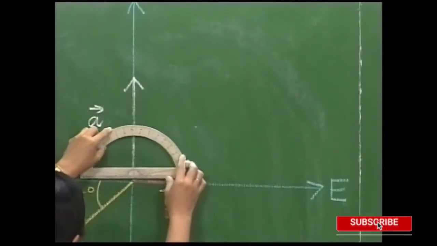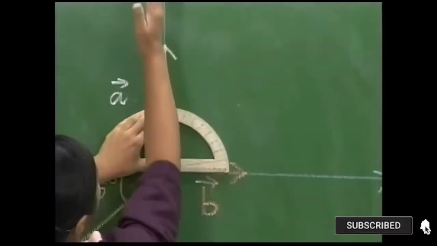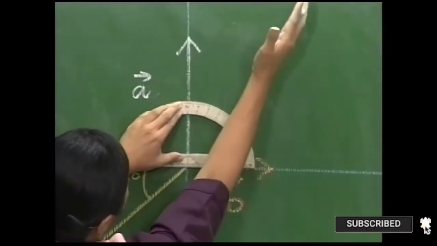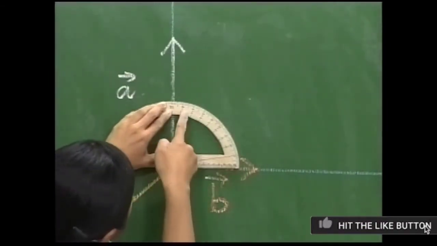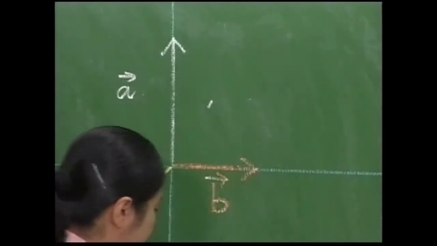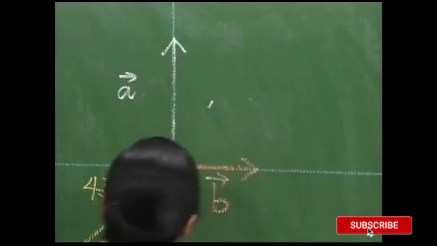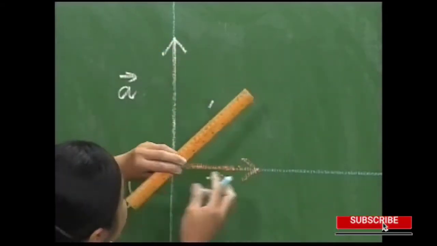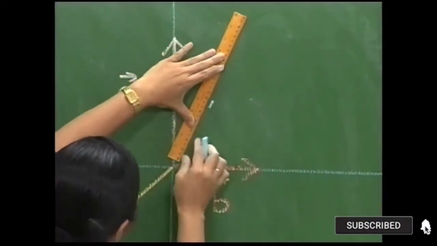Okay, so let's see. I start with the north and go towards the east 30 degrees. So now I measure. From the north, I have to measure 30 degrees. So 10, 20, 30, and my vector should be here. And it is also 30 centimeters.